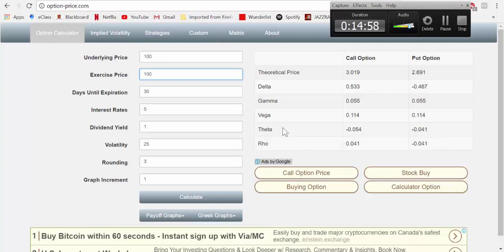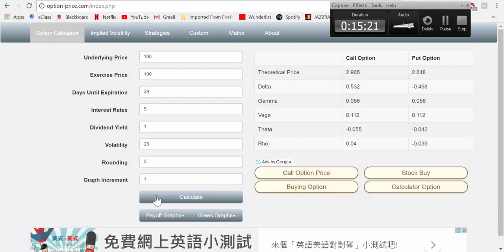So this number has some meaning. It means that if you change 30 to 29, so 29 days left, and nothing else changes, then the price will go down by around 5 cents. You can see that happening.